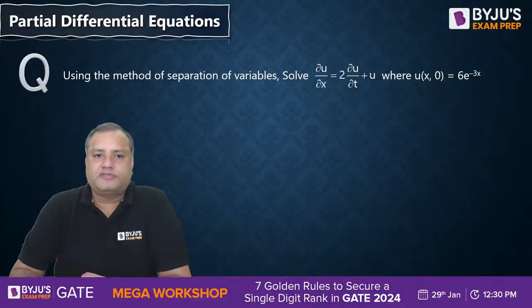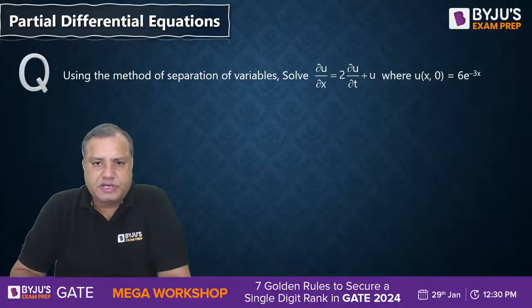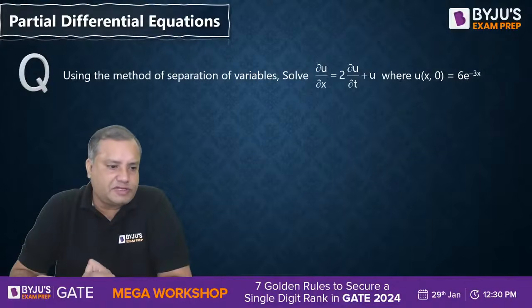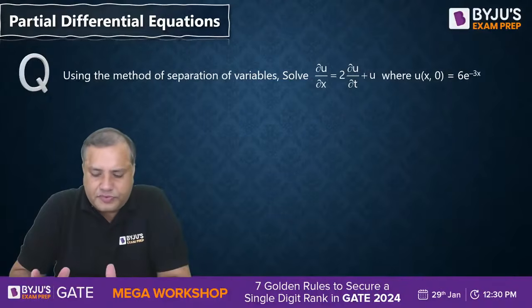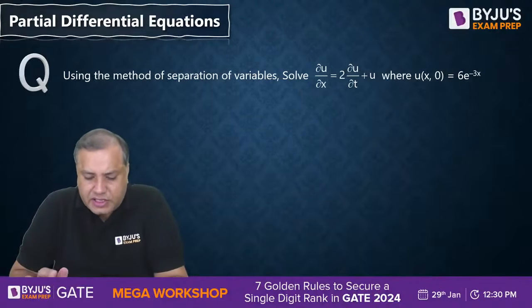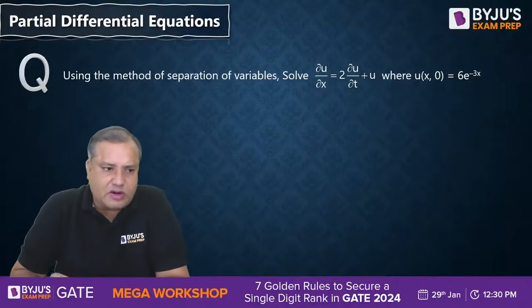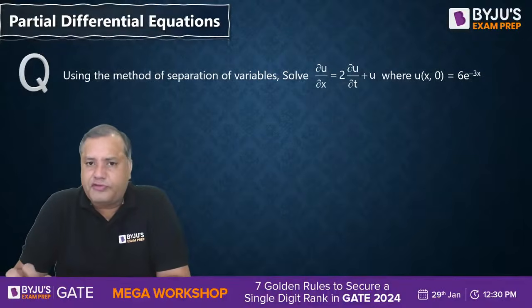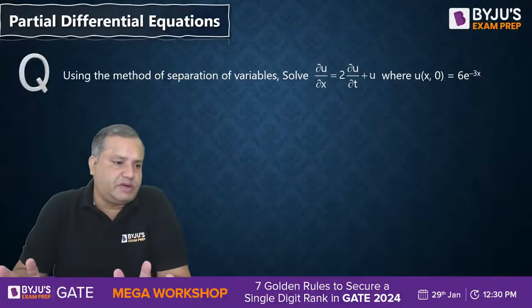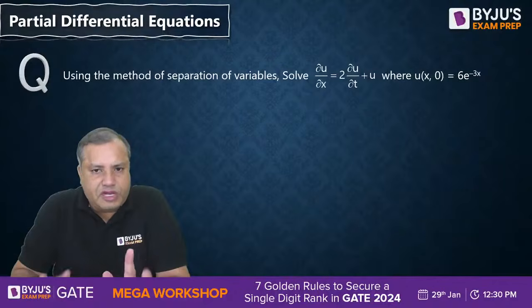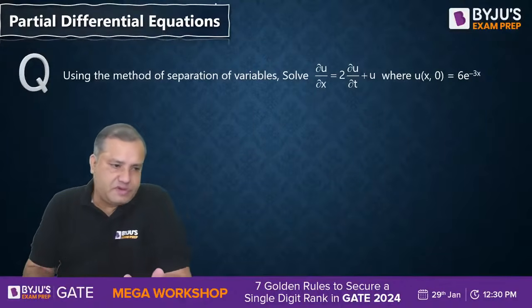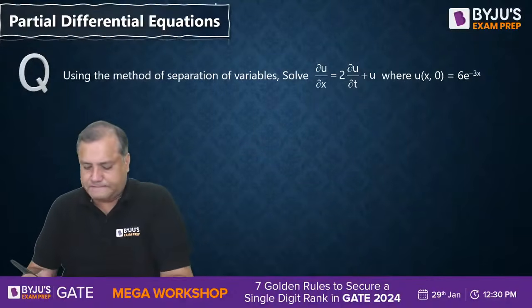Using the method of separation of variables, solve this: del u by del x equal to 2 times del u by del t plus u. Now, at this point of time, stop thinking whether this will be in GATE or not. Just give me a free hand to explain the concept. I need 15 minutes from your side. Okay? Stay tuned.